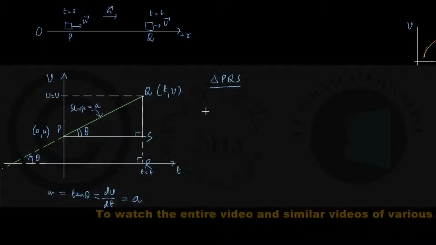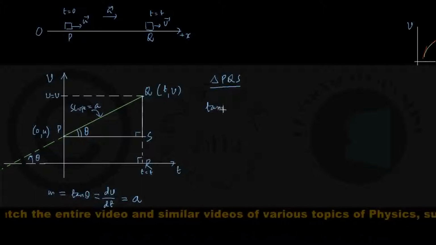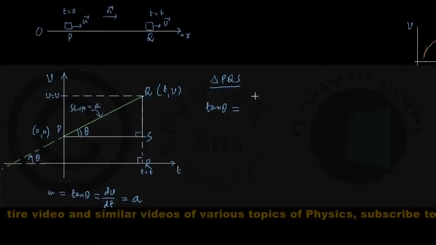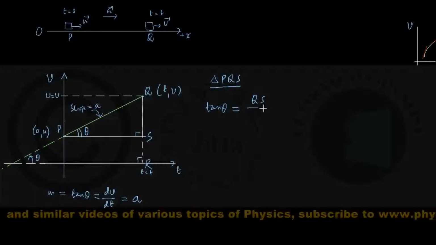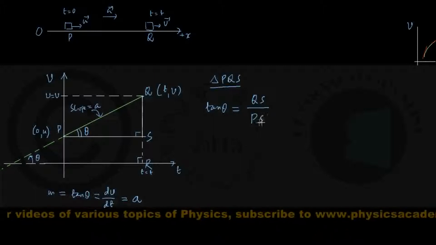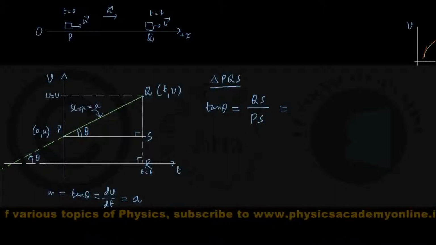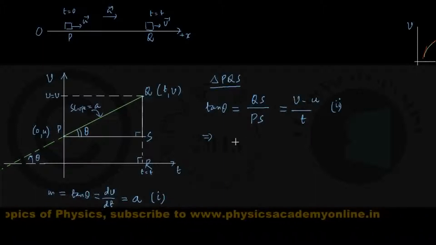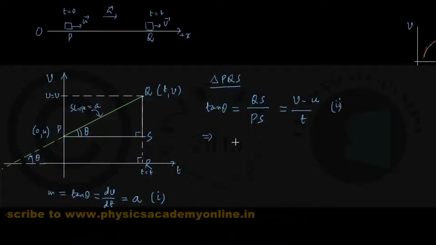And so in this triangle PQS, I could write down tan theta is given by perpendicular, that is the length QS, by base, that is PS. Now what is QS here? Look here, QS must be given by the whole length QR minus SR. Write down the acceleration as V minus U by T, and from there we get the first important kinematic equation, that is V is equal to U plus AT.